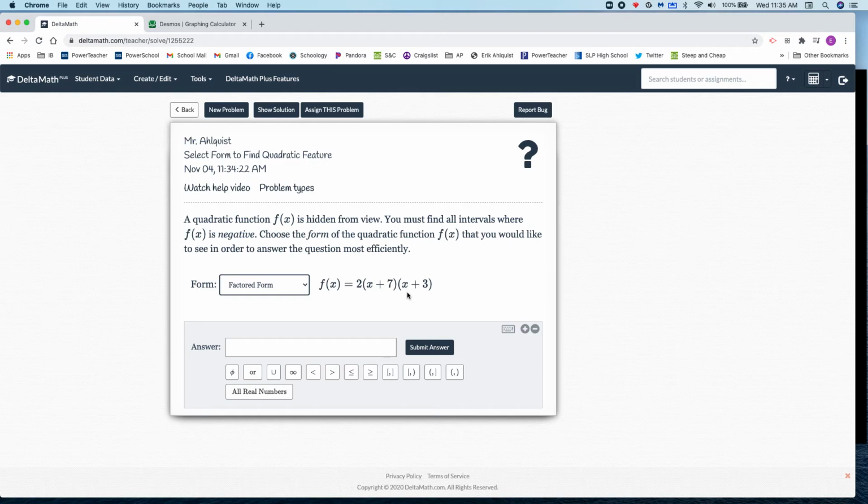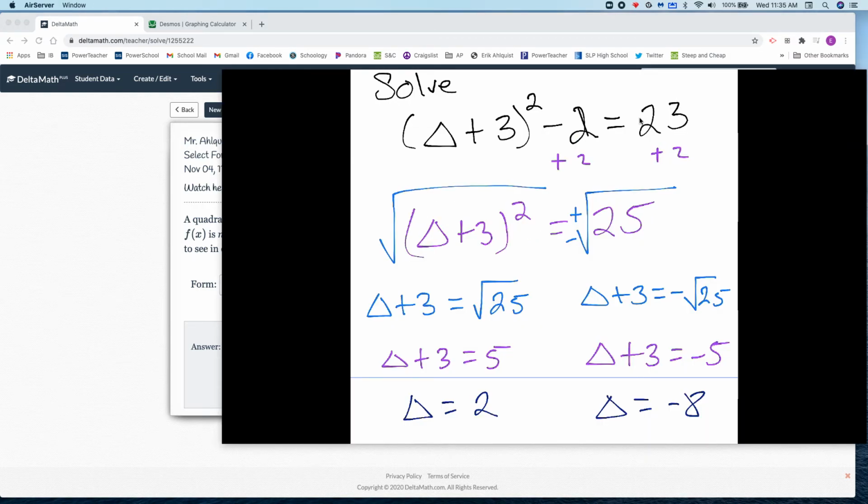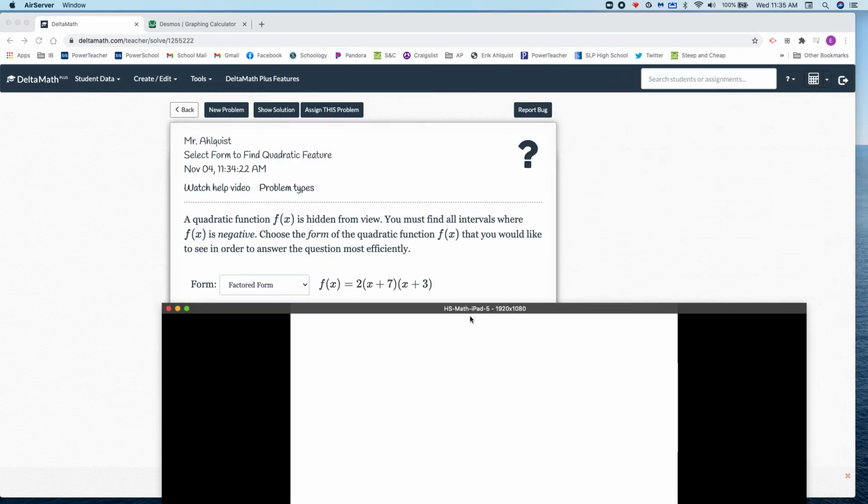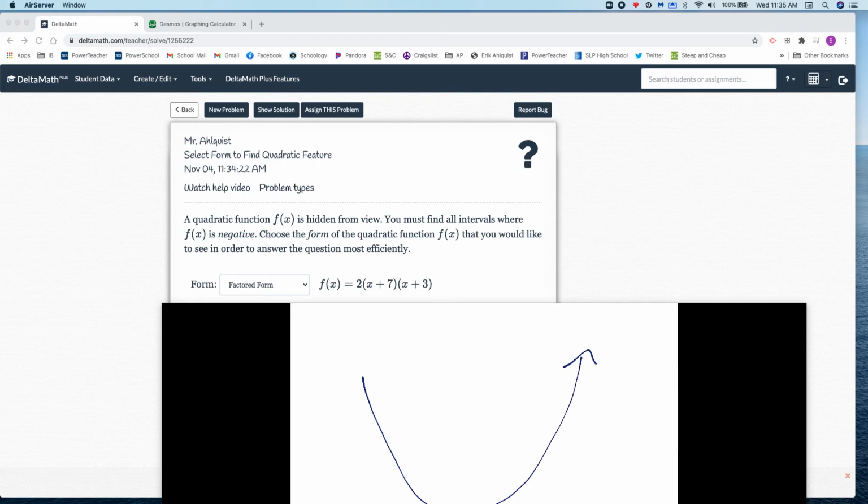So I know that if I were going to draw this graph, I got a parabola, something like this. I don't really even know where it necessarily goes, but I do know that this value is -7. And I know this value right here is -3 because of my intercepts.